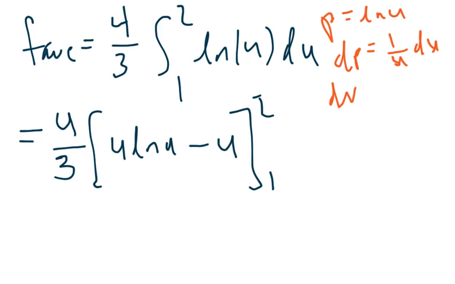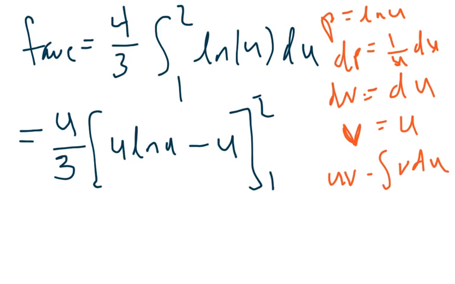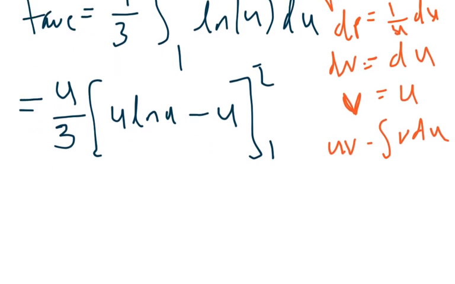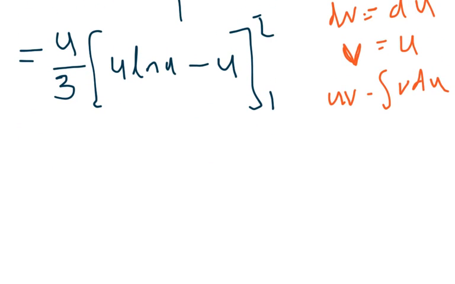And then dv is equal to du, so that v is equal to u. And then do uv minus integral v du, integration by parts. Try that if you haven't seen it. I'm going to assume you have seen it. That's a pretty common one.